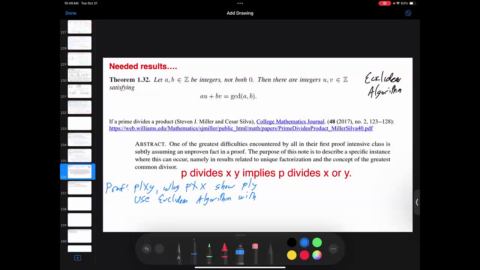There are three possibilities. What are the candidates? Who's in the running? How many inputs do I need for the Euclidean algorithm? How many numbers do I need? Two. What are the only numbers I know about right now?